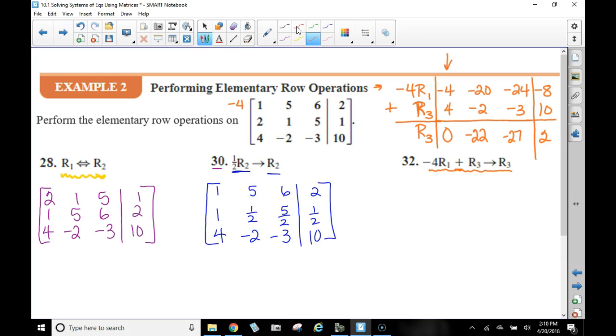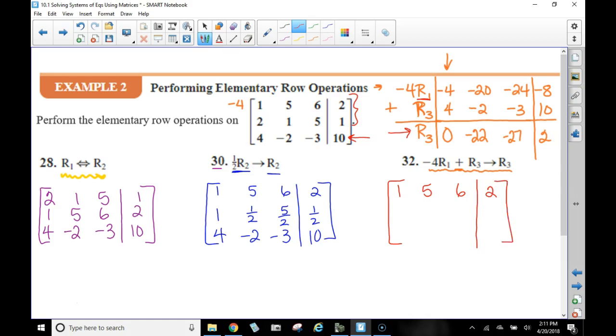So now here is that new matrix after I perform that elementary row operation. All I got is a new row 3. That's the only thing that changes. Everything else is the same as what it was. Even though I messed with row 1 up here, I still write the original row 1 of 1, 5, 6, 2.